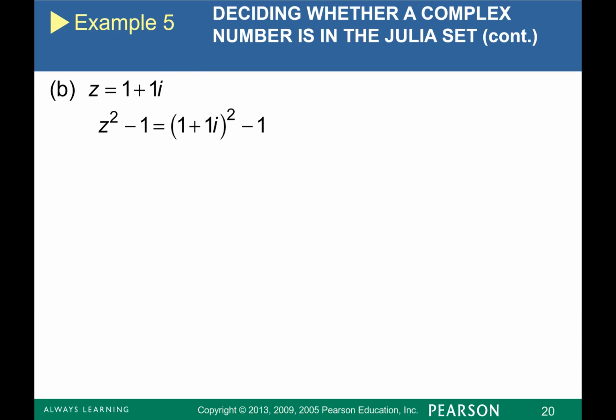Yeah. It'd just be plus 2i, but then we've got to subtract this 1. So when we put in the point 1 + 1i, we get -1 + 2i.